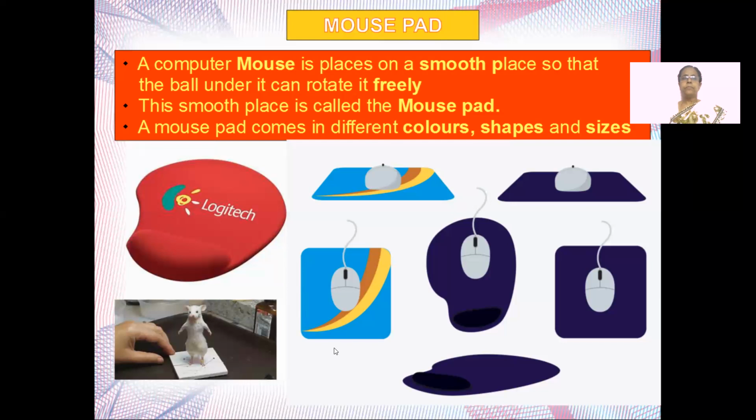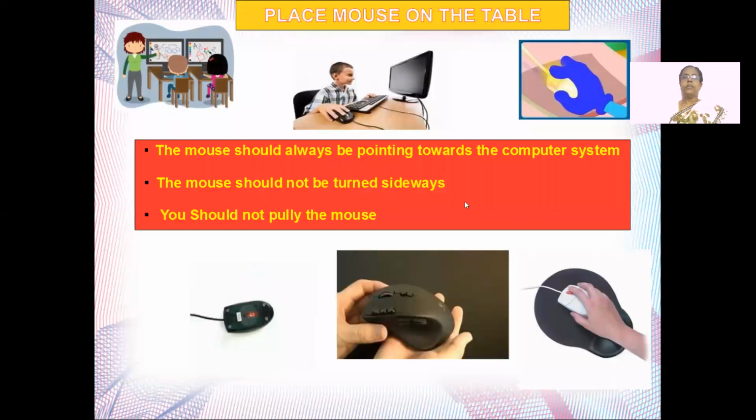Okay. Next, we are going to learn where you should put the mouse. The mouse should always be put on the table. And which way should you put it? It should be pointing towards the computer or towards the monitor. And you should not pull the mouse. See, you should not turn the mouse sideways or upside down.